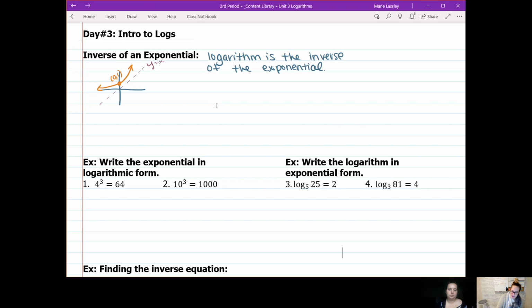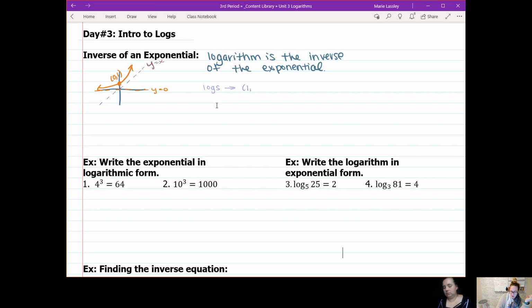We also have this asymptote at y equals 0, so we have that starting point and then the asymptote. When we're dealing with logarithms, our starting point, instead of being 0, 1, is going to be 1, 0. It's just flipped.